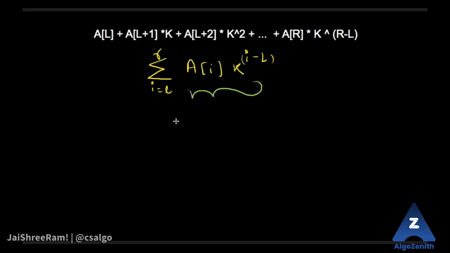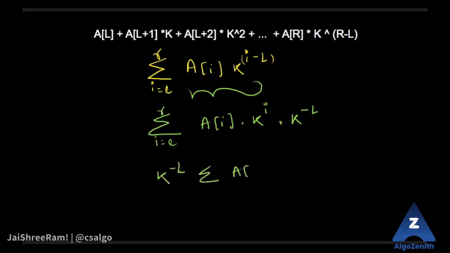So what we can do is convert this into a summation, and from now on every summation means from L to R, of A of I times k to the power I, multiplied by k to the power L inverse, that is, k to the power minus L. Now this is constant for I equal to L to R, so we can take that out of the summation and we get k to the power minus L times the summation of A I times k to the power I, right?